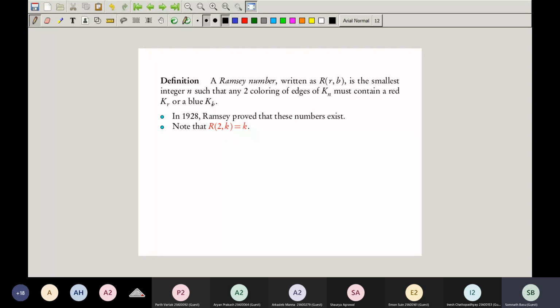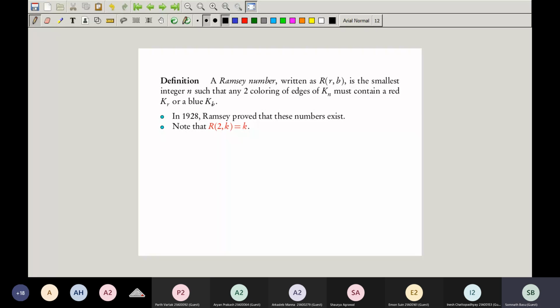But there are certain things you can note. So first of all, what is R(2,k)? I'm saying that R(2,k) is k. Can somebody justify why this is the case in simple terms? You're looking for the smallest integer n so that you take any two coloring of edges of K_n.